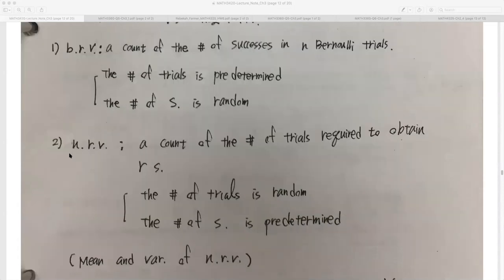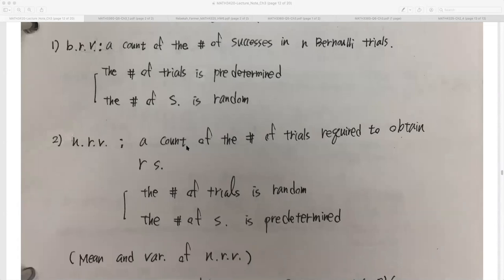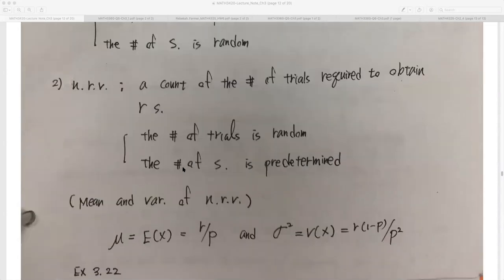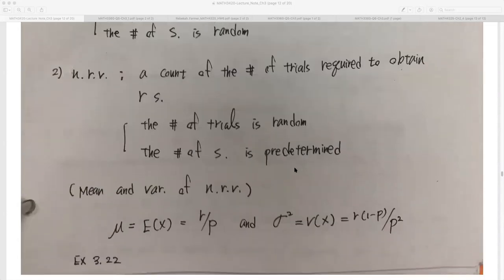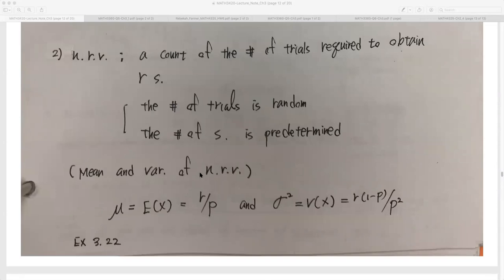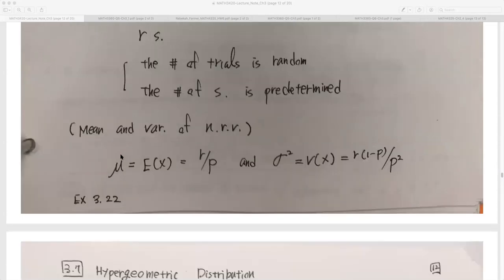The negative binomial random variable counts the number of trials required to obtain r successes. The number of trials is random, and the number of successes is predetermined. The mean and variance are these: the expected value of a negative binomial random variable is r over p, and the variance is r times (1 minus p) over p squared.